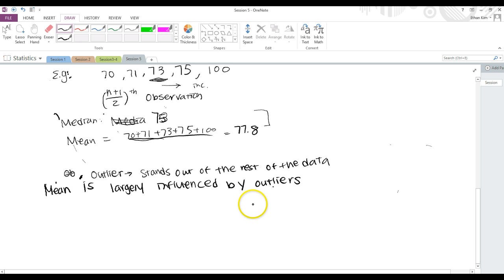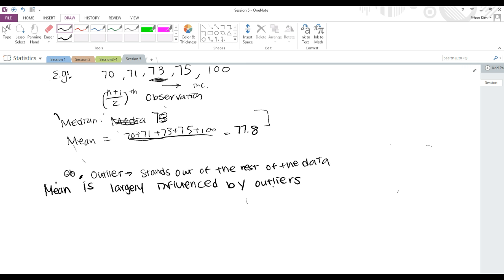For the median, if there is an outlier, it doesn't matter if it's really big or small. It just measures the center, the middle number. So it doesn't factor in the outlier, and it might be a better measure of the center. So that was mean and median.